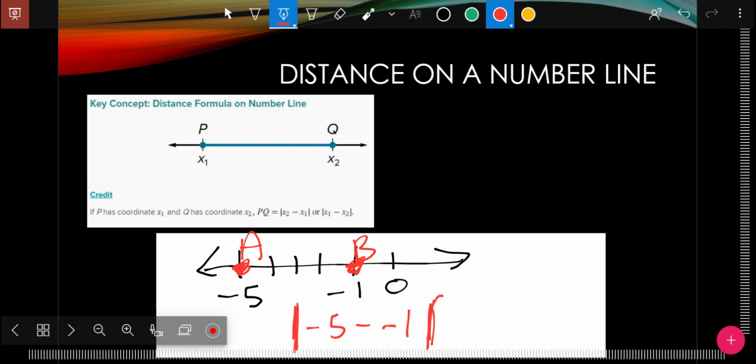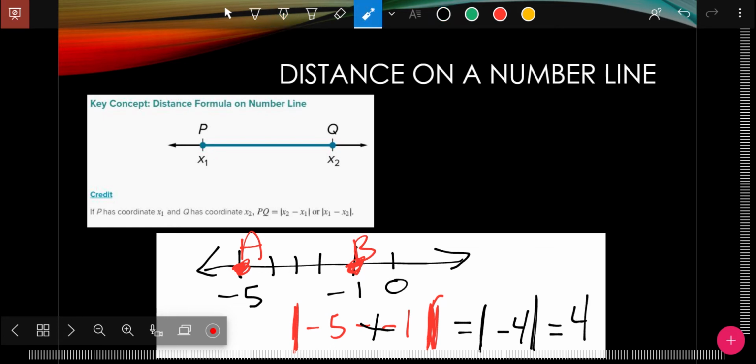Now, hopefully you know that minus and negative inside here becomes a plus, and so you get the absolute value of -4, which just means absolute value is always positive. It doesn't switch positives to negatives, it just switches negatives to positive 4.